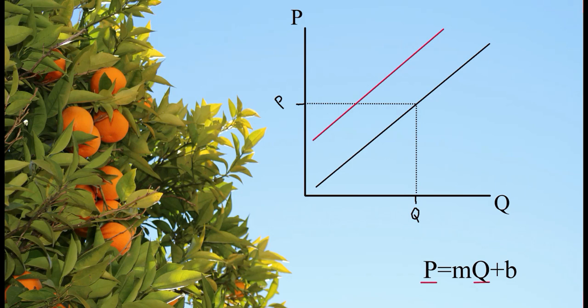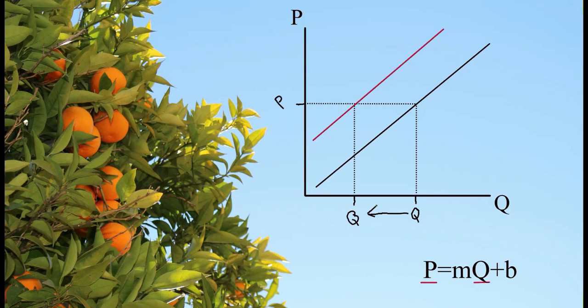So at the same price, P, the quantity supplied decreases. And our Q shifts to the left, so our Q decreases.